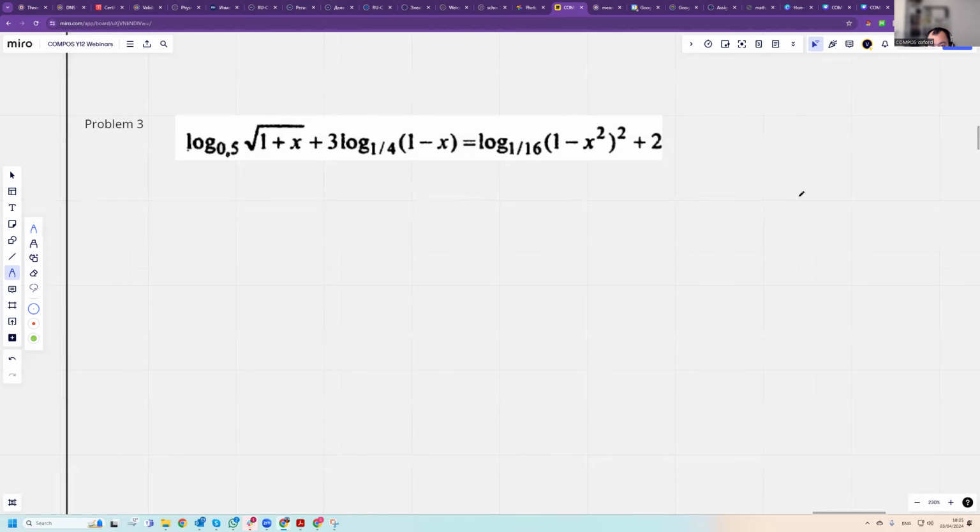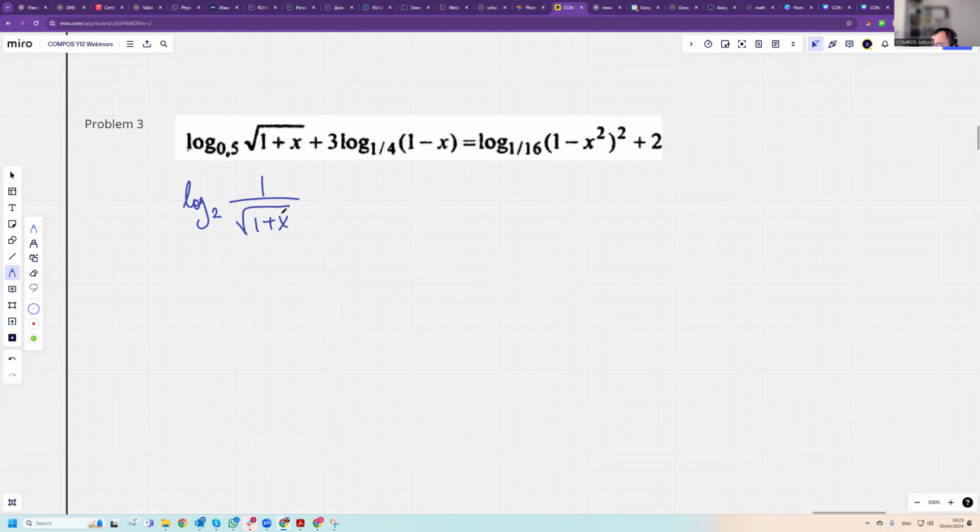That would work, except that would make things way more complicated. For example, if we write this as a log base 2, so it's going to be log base 2 of 1 over square root of 1 plus x. That's going to make things harder.